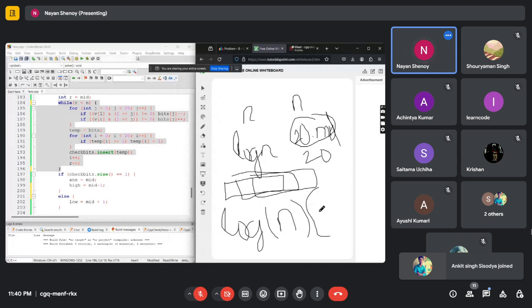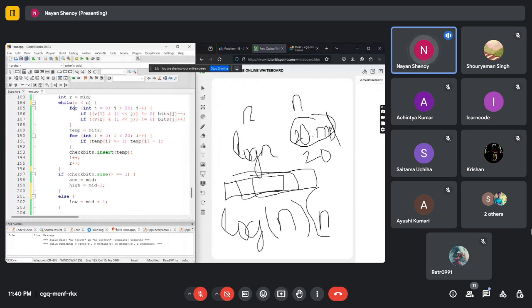For every binary search, however long the binary search goes, I'm doing the sliding window. Correct? So that should take your O of n, because window by window I'm checking and I'm moving your R pointer until it is less than n.